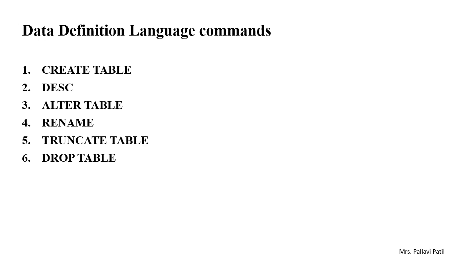There are a total of 6 commands present in the data definition language. The very first command is the create table command. Using this command, the table structure gets created, that is, we create the columns in the table. Then the next command is DESC. The DESC command is used to describe the structure of the table.